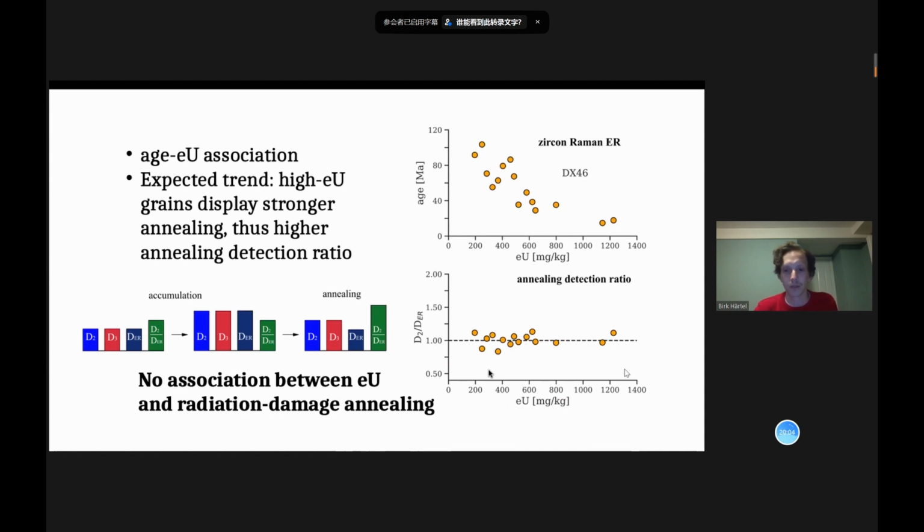And what we found was that even though those different zircon grains give us very different thermochronometric ages, they all have the same annealing ratio, and they're all basically completely unannealed. So again, we can say the age difference that we see between low damage or low effective uranium grains and higher damage or higher effective uranium grains is not due to thermal annealing or to radiation damage enhanced annealing.